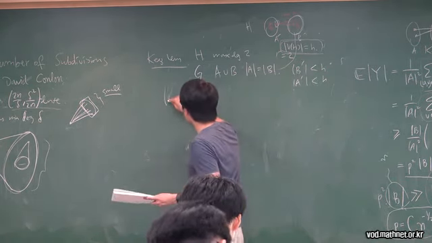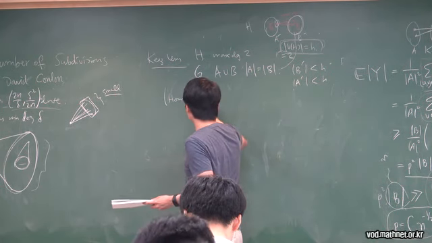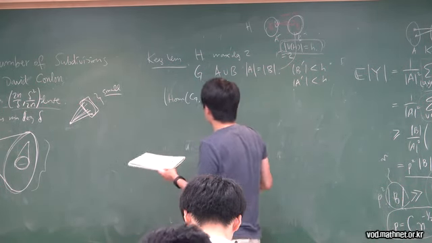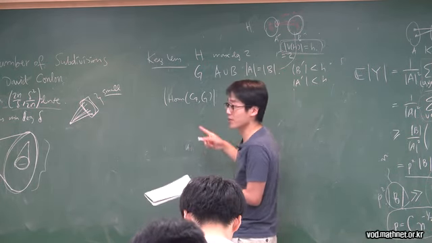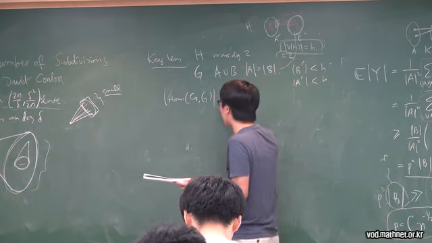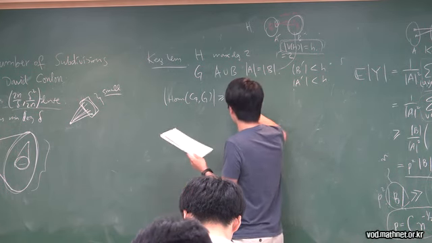Yeah, then the number of homomorphisms, if you don't know what homomorphism is, then you may just assume that the number of copies of full cycle, which is more or less the same.